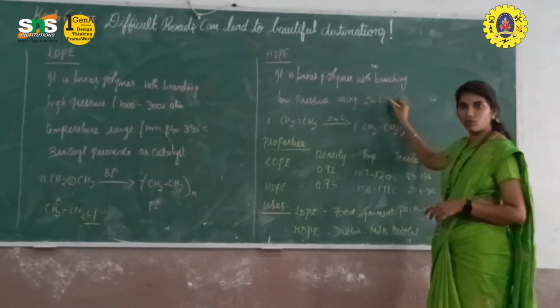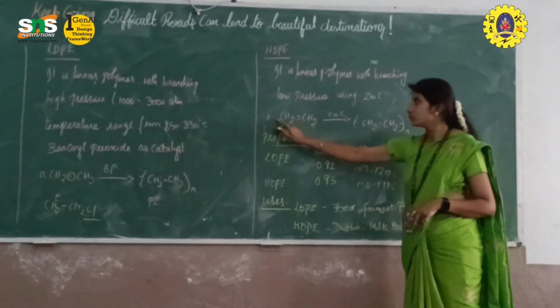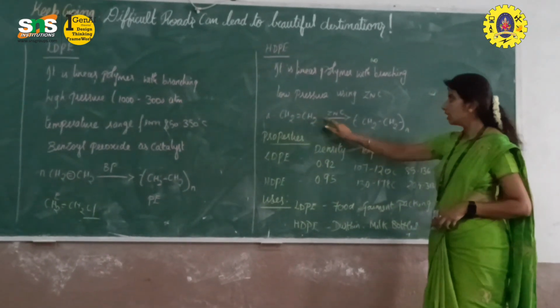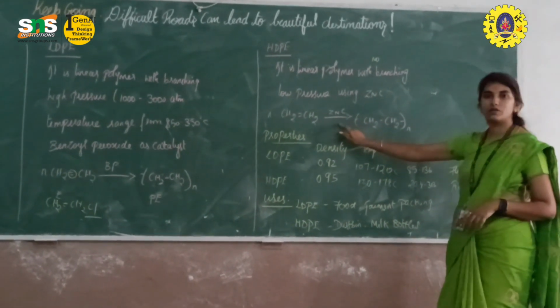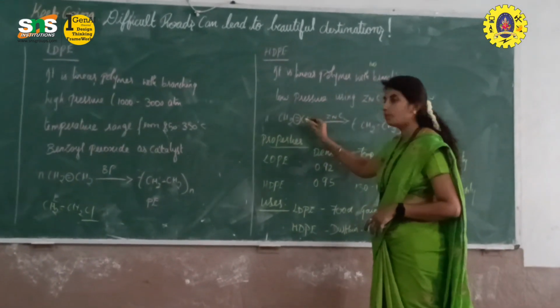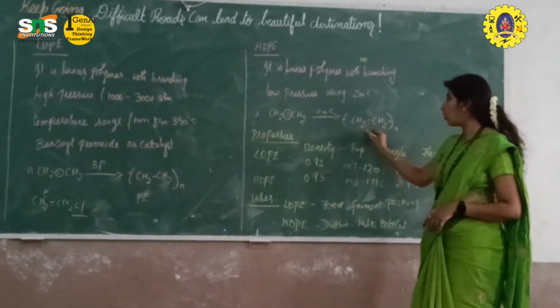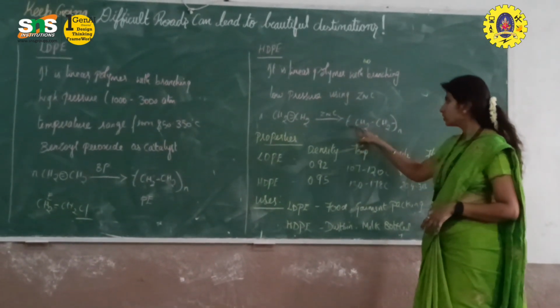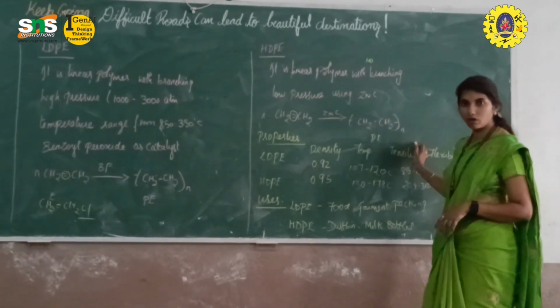This is the process of a catalytic reaction of CH2 double bond CH2 in the presence of ZNC, the Ziegler-Natta catalyst. Under the polymerization reaction, the double bond breaks into a single bond and it forms a structure called polyethylene, that is CH2 bond CH2, with the whole number of repeating units of n.